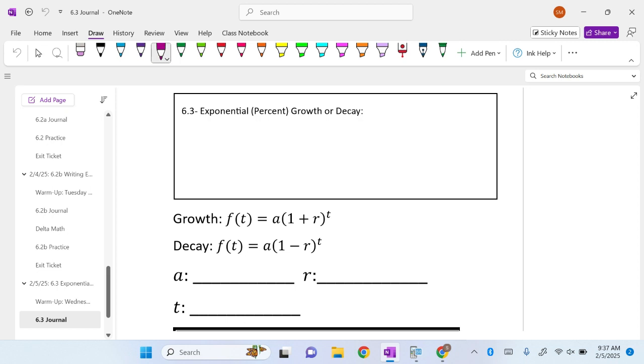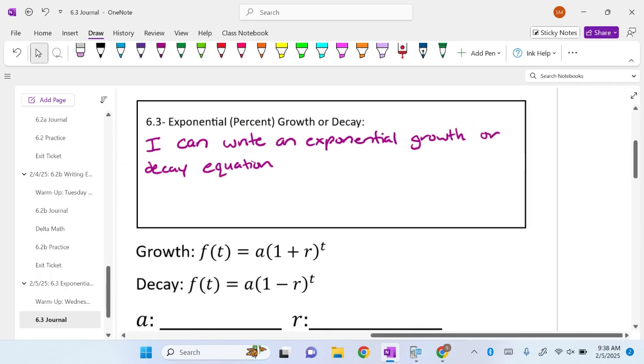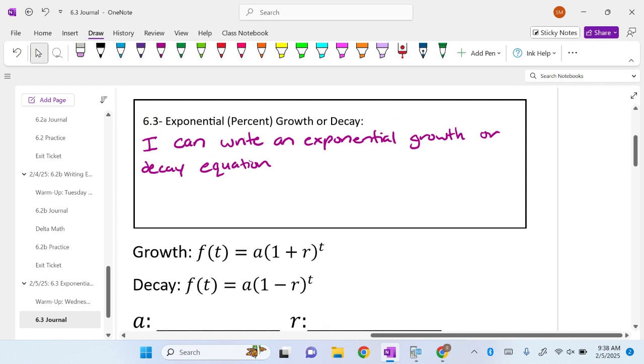So, as always, we start with our I can statement. For this lesson, it's: I can write an exponential growth or decay equation given a word problem.